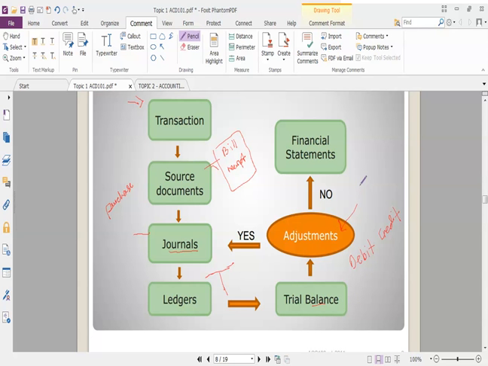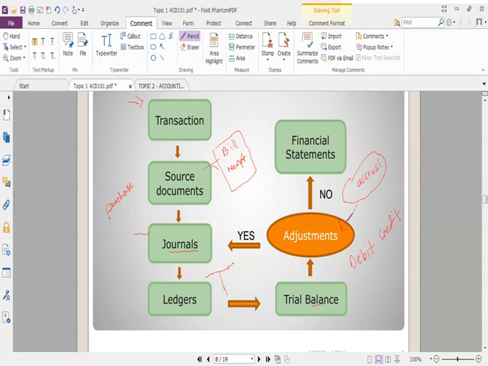If there is any adjustment, for example you have some money or debt that you have not settled yet, we call it accrual. This is just an example. You should pay for water and electricity in that month, but you have not paid the bill or the expenses yet, so we call it accrual.